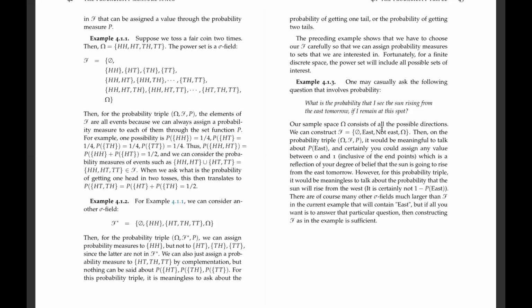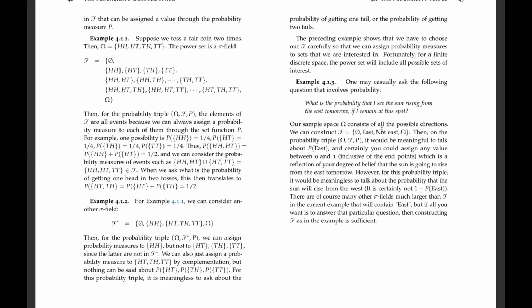Okay, so the next thing is, if you want to ask about the probability that the sun will rise from the west, then your construction is actually incomplete. Your F does not include west as one of its elements, because not east doesn't mean it's west.